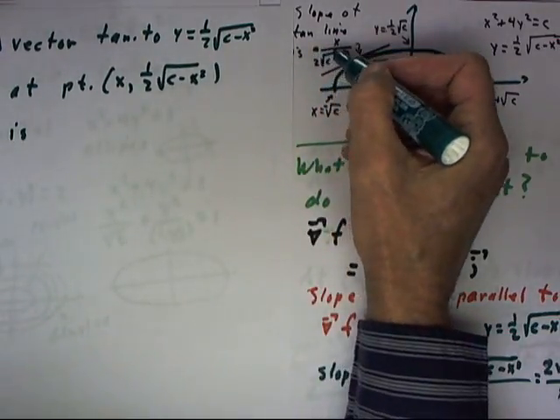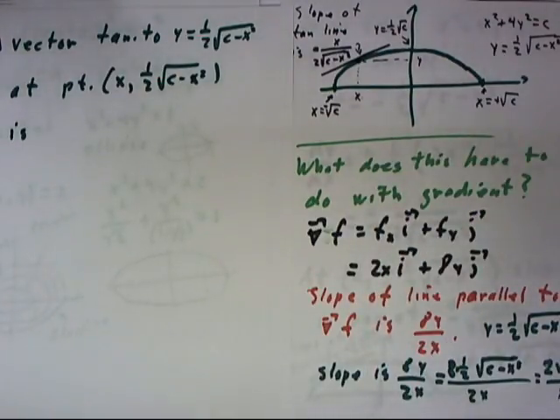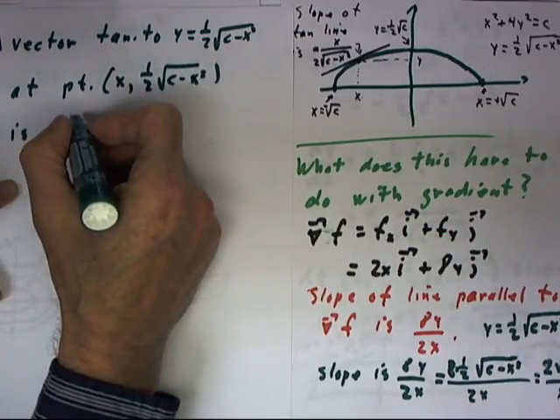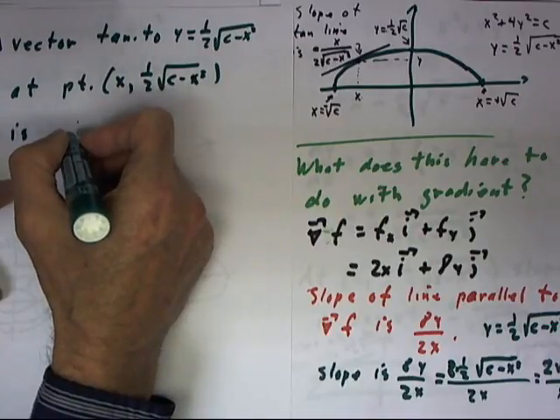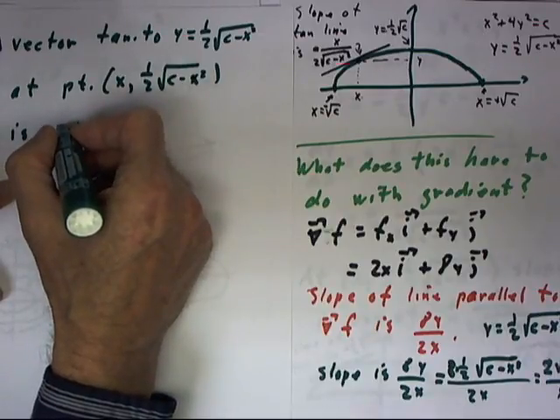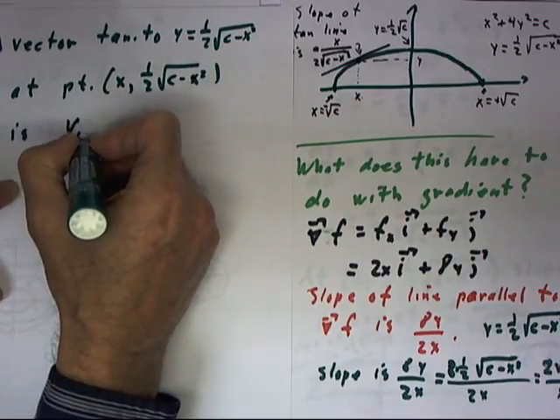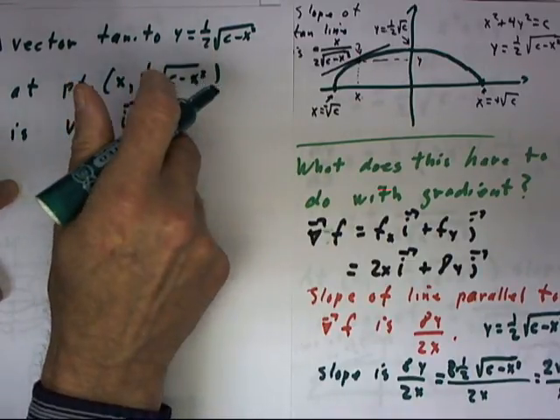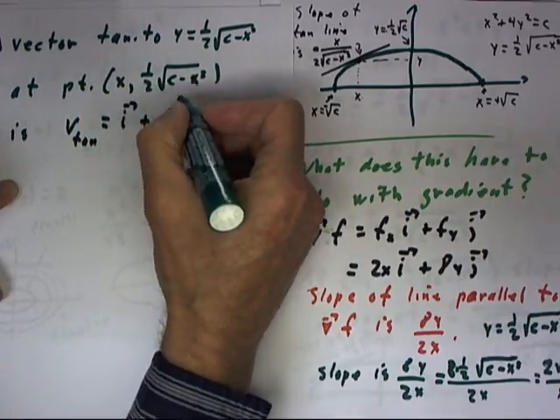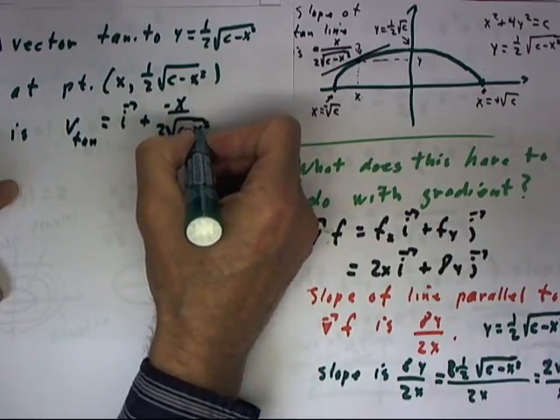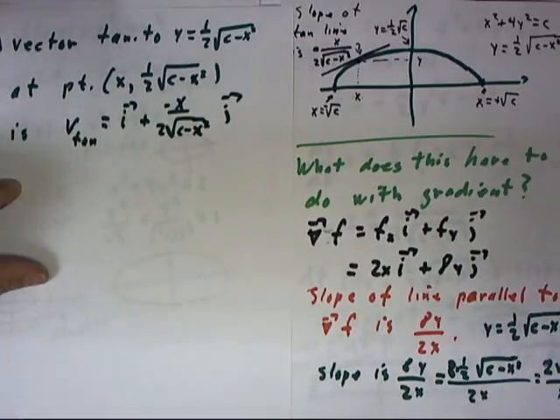But if the slope is this, then you can think about why, but the tangent vector would be, I'm not going to call it T, I'm not going to call it R, what am I going to call it? Well, let's just say vector tangent equals i plus slope times j, which is negative x over 2 square root of c minus x squared times j.